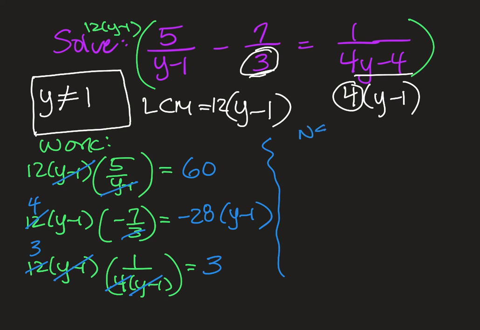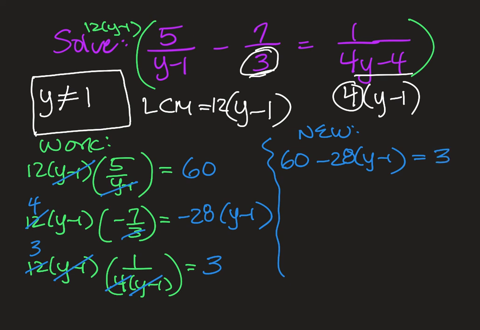So let's see what our new equation is. Let's see if it's linear or quadratic. I think we're going to be happily surprised. It's a nice linear one. So now I have to put all the terms back together to form the simplified equation. So we've got 60 minus 28 times y minus 1 equals 3.